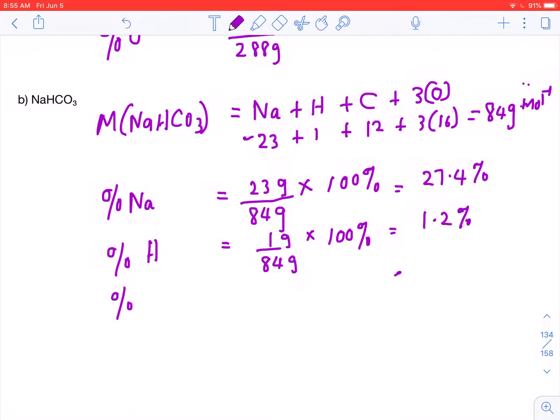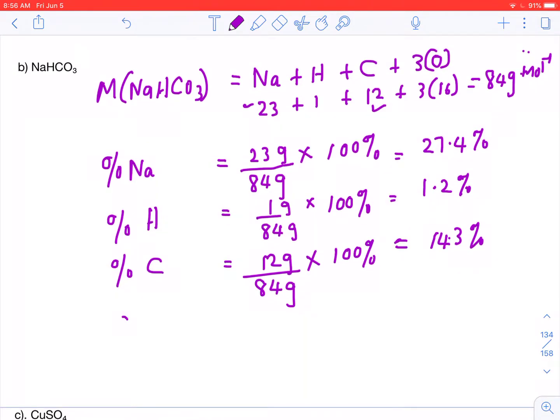Then carbon is 12 grams upon 84 grams, the total mass, times 100%, which is equal to 14.3%.